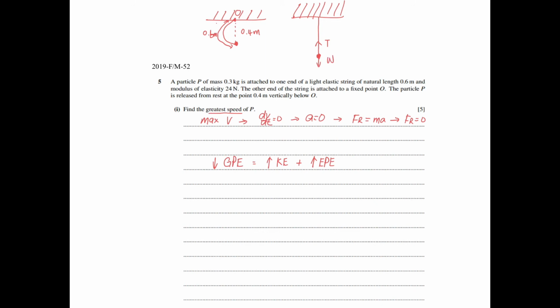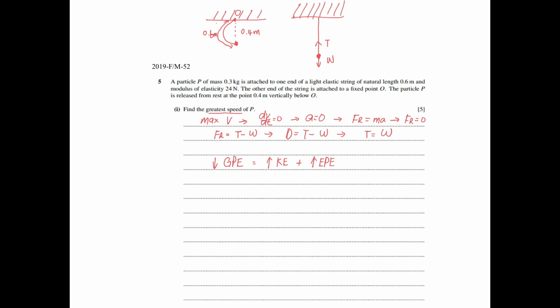No resultant force means T and W are equal in magnitude. So the resultant force F equals T minus W equals 0, and hence T equals W.